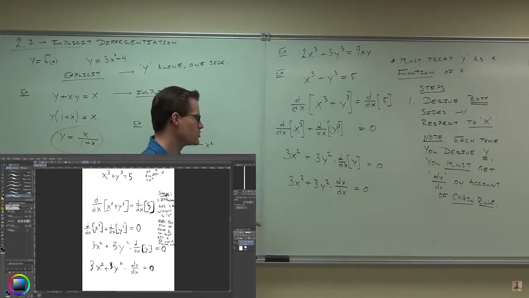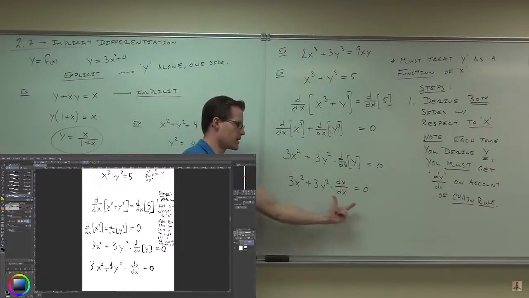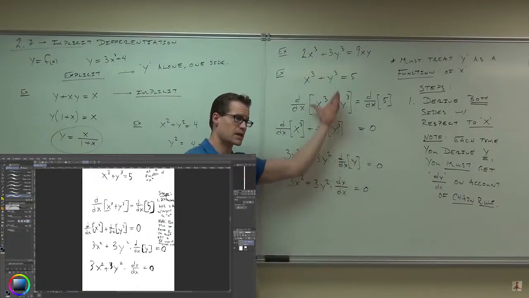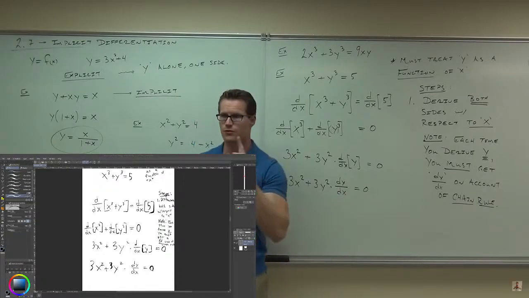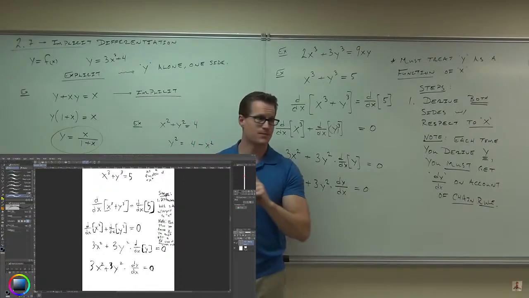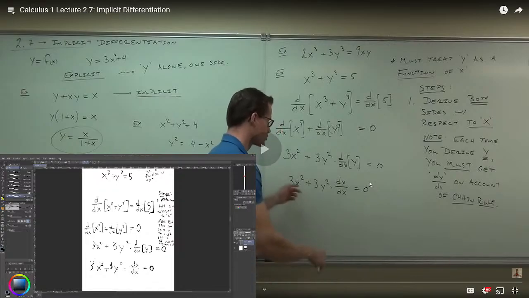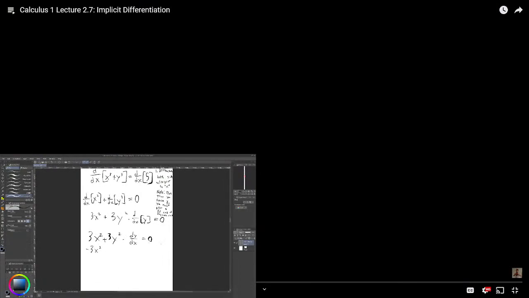Now, the only issue is this stands for our derivative. This whole thing is all mixed up together. Can you solve for this? This was the calculus, the algebra is the rest of it. Get this by itself, and then you have your first derivative. Can you just subtract the 3x squared over, divide by 3y squared?